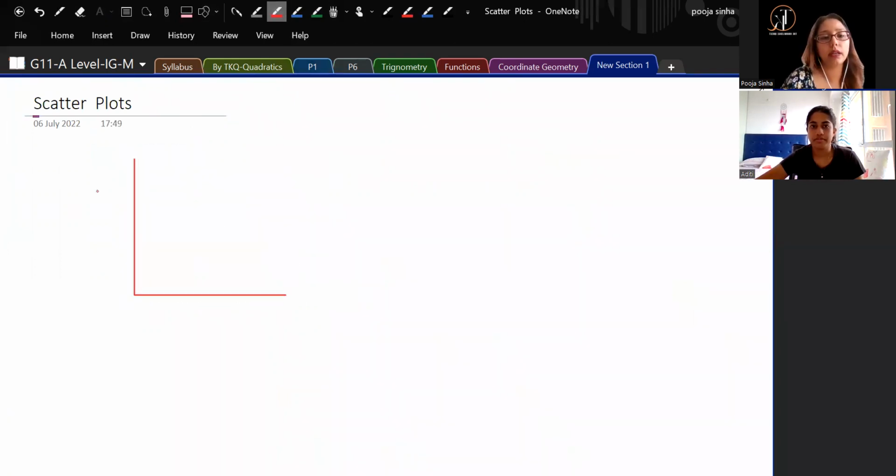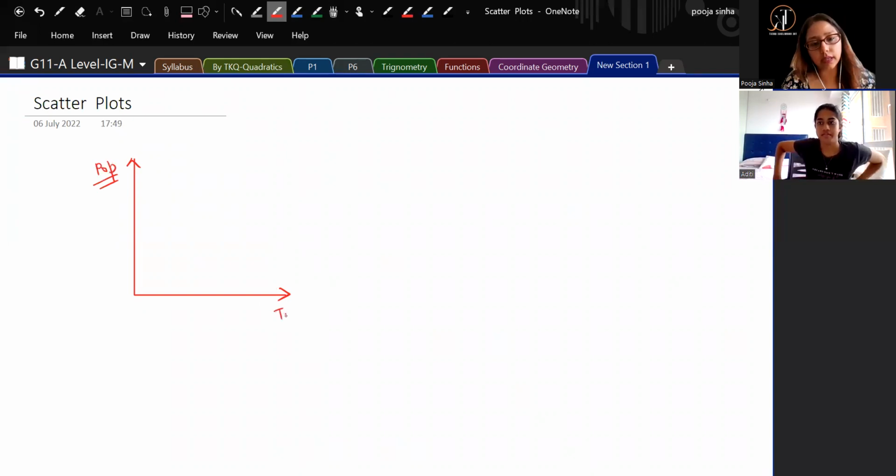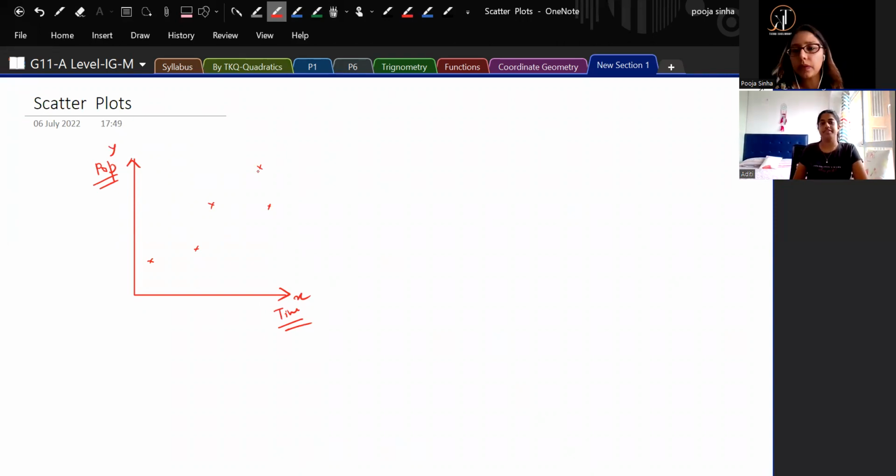Okay. This is population, and this is time. Y-axis and x-axis. Now you have points like these. Right? This is a scatter plot. You understand what a scatter plot is now?